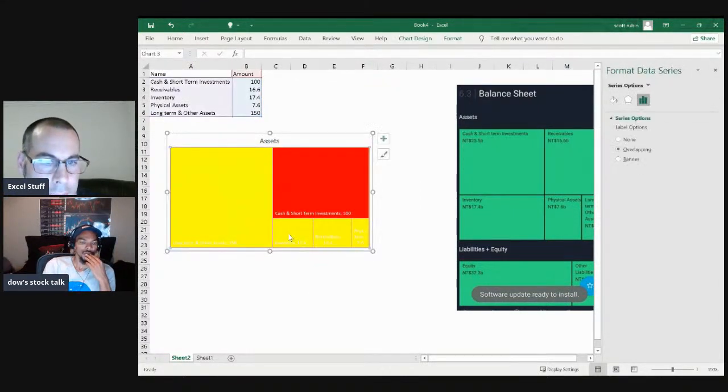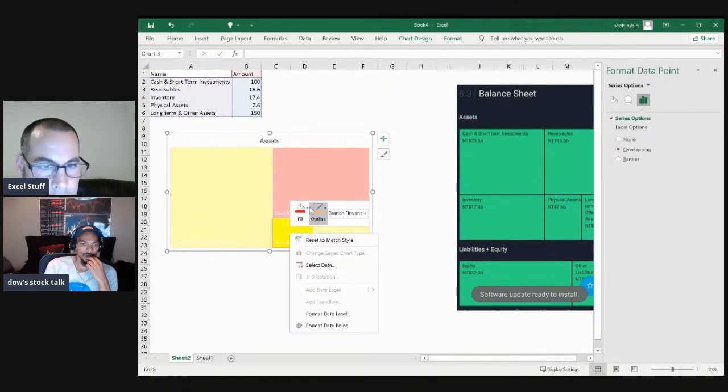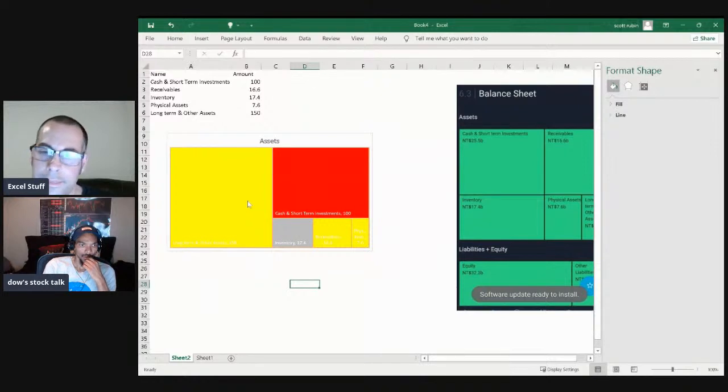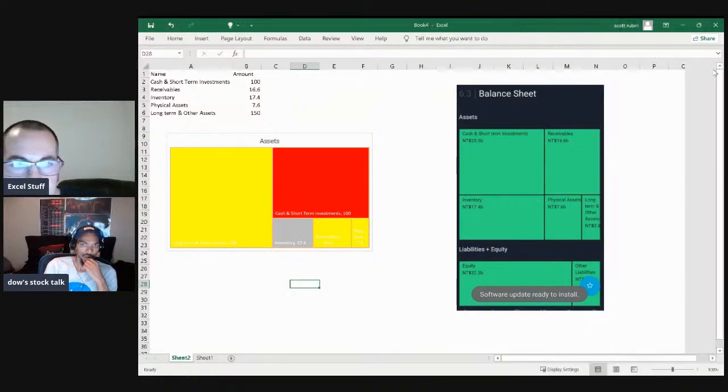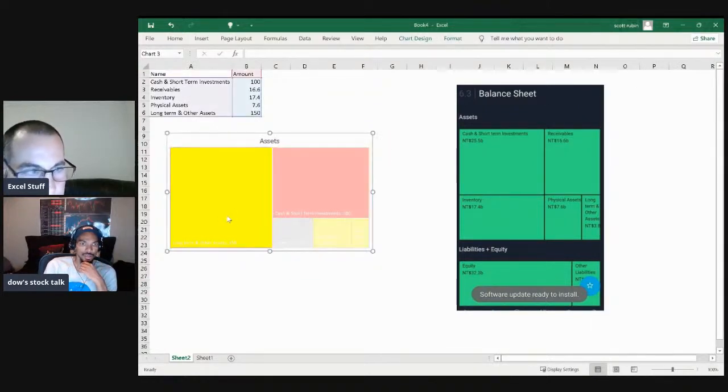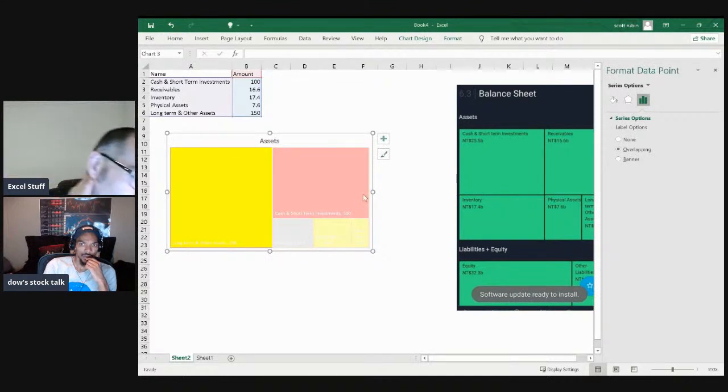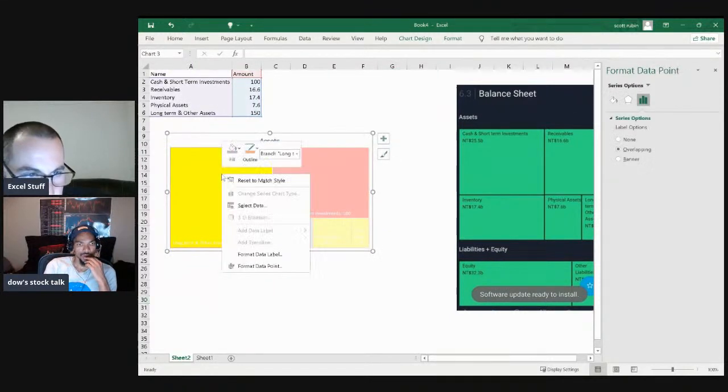Yeah. So you can color code it to make it easy to identify. You should be able to do most anything. It's a hard color to look at.